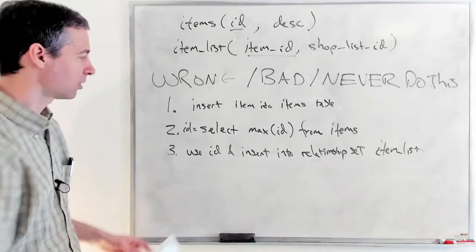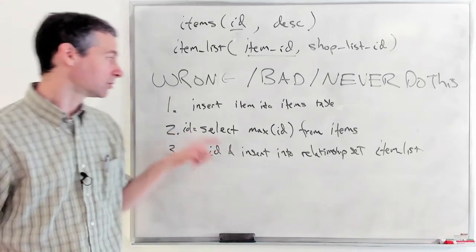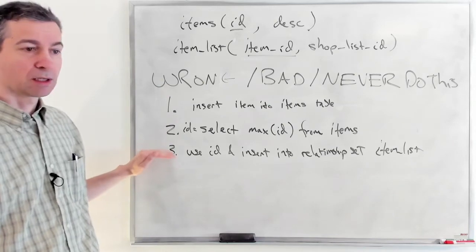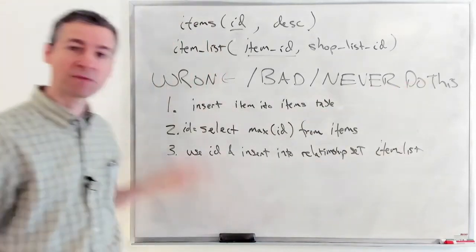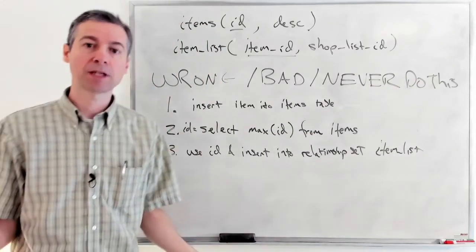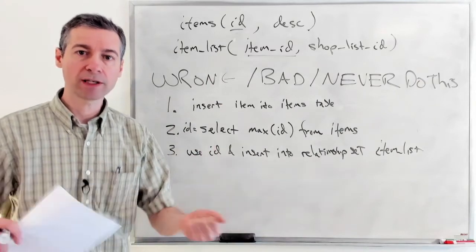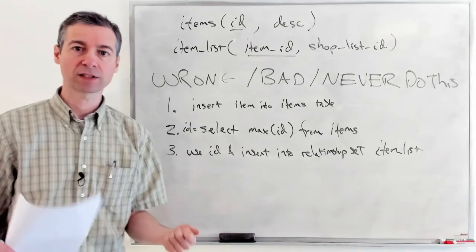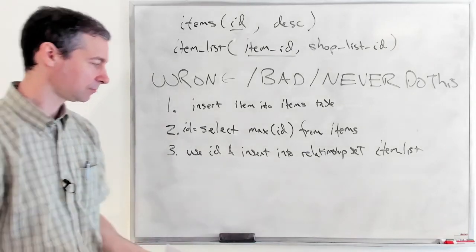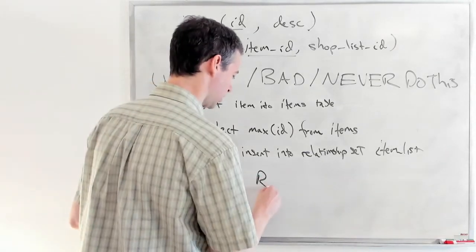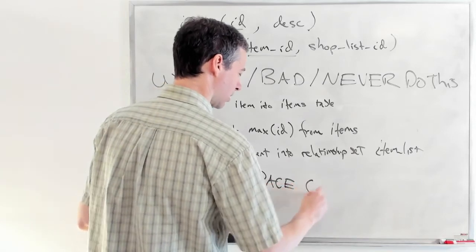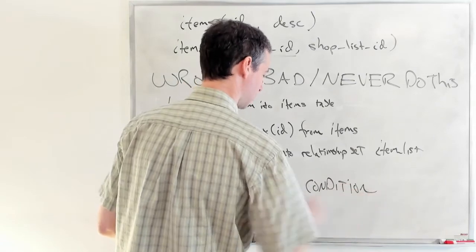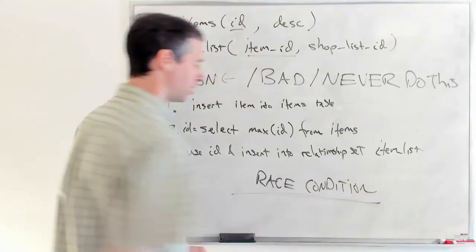All right. So in that scenario, you're running this and someone else is running the same thing at the same time. And now a race is on. This is what's called a race condition. A race condition is basically, oh my goodness gracious, I never want to have a race condition in my code.